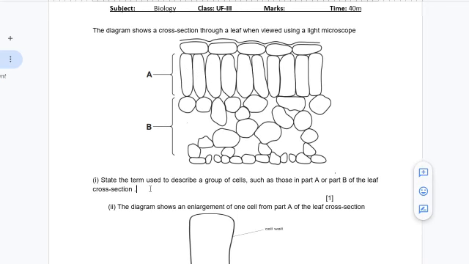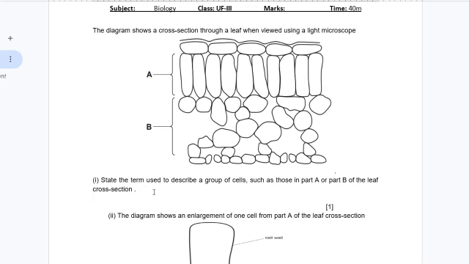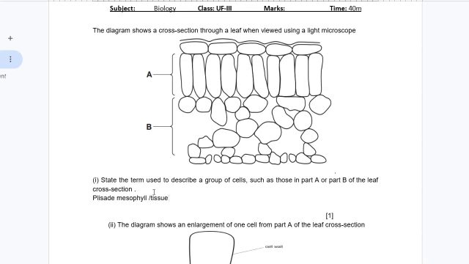So we can write in the answer box that these are palisade mesophyll tissue and spongy mesophyll tissue. They haven't asked what type of cell it is, but what category these cells belong to.